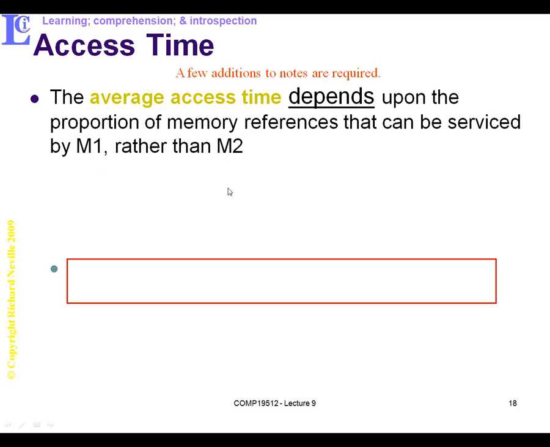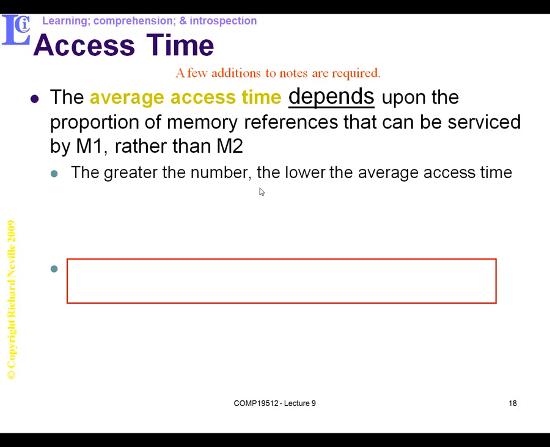So what does this mean for this average access time calculation? Let's look and see. First, the lower the average access time, well, let's relate it to an equation and start thinking about this in a minute. First thing to realize is we're going to bring into play a particular naming convention.